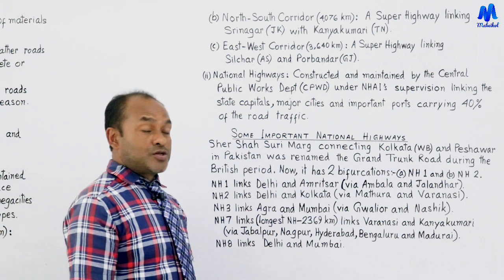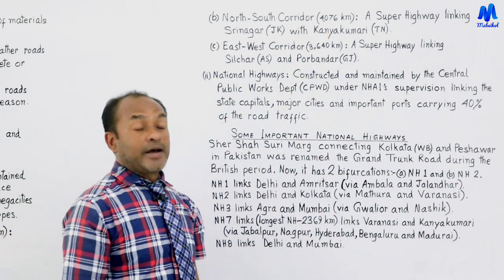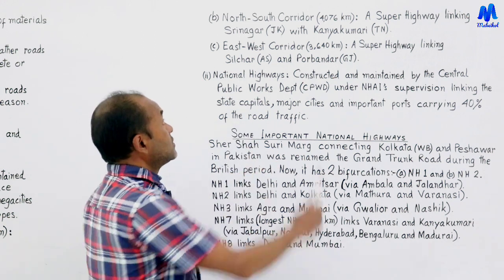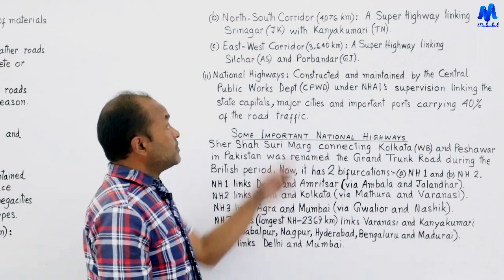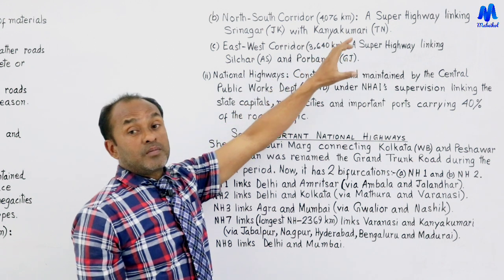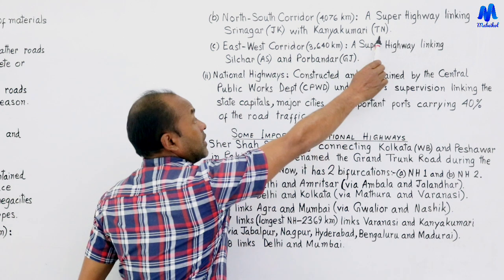This type of road is 4,786 kilometers in length, and this is a superhighway which links Srinagar, the capital city of Jammu and Kashmir, with Kanyakumari, the extreme southernmost point of mainland India in Tamil Nadu.